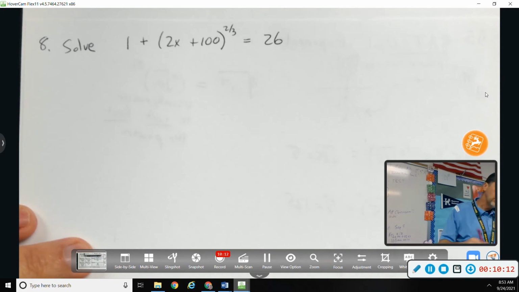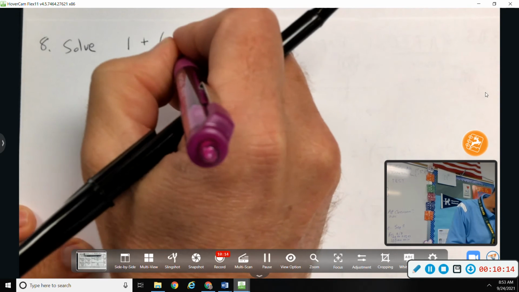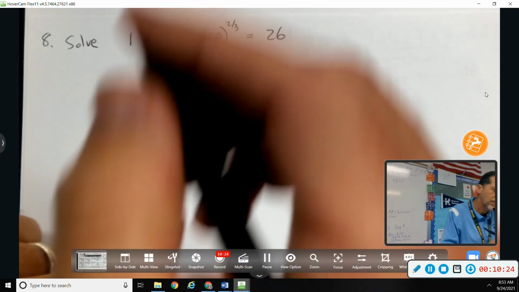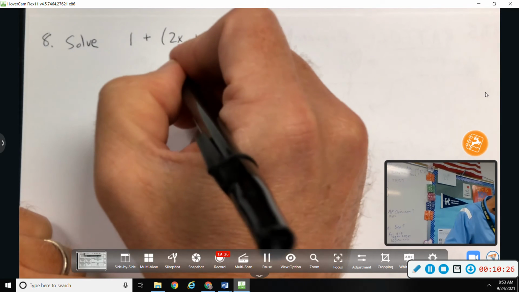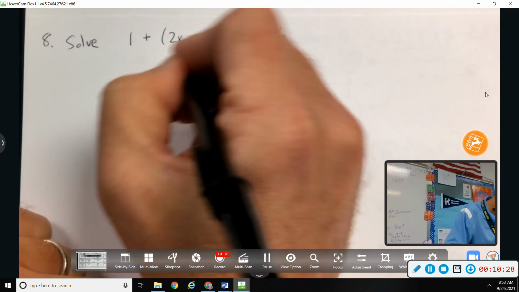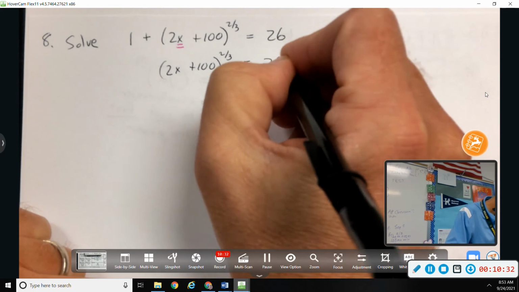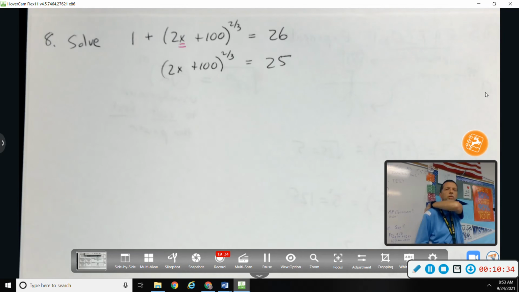Well, hold on. I'm trying to get x by itself. So this isn't really order of operations, it's solving an equation. So let's subtract off the 1. I want to peel off the pieces to get down to the x. If I subtract the 1, I get (2x plus 100) to the 2/3 equals 25.